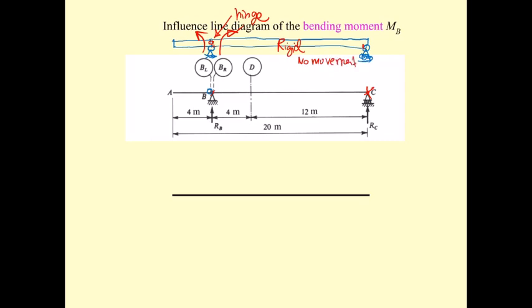When this one has no movement, only the part on the left is going to move. It's going to move for 1.0 unit radian rotation. So you get this as the shape of the influence line of M sub B. And since this is 4, this one is going to be minus 4. Okay, you've got this, and then you put the hinge into the top of point B, and then you put the moment, and you get the shape of minus 4.